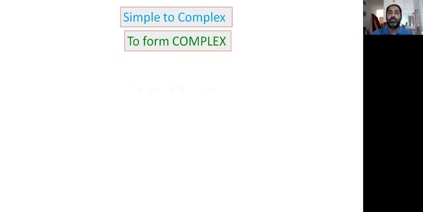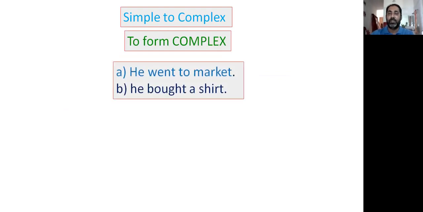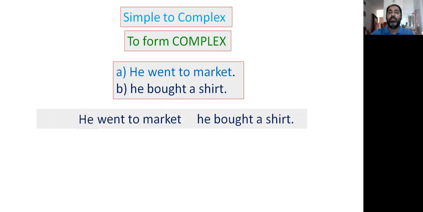Dear participants, to form a complex sentence, you have to know some instructions. First of all, you will see here there are two sentences. He went to market, he bought a shirt, right? Now, this is not a sentence, though I have put a full stop. Why?